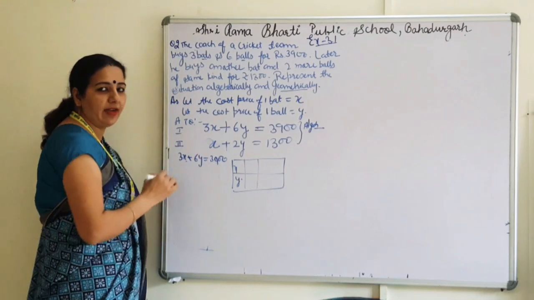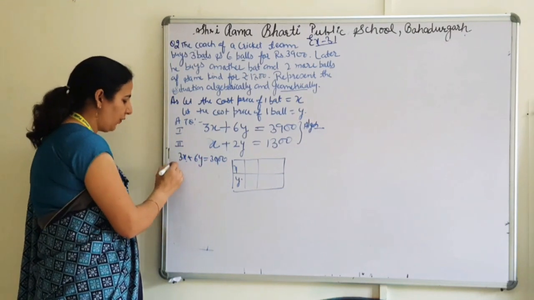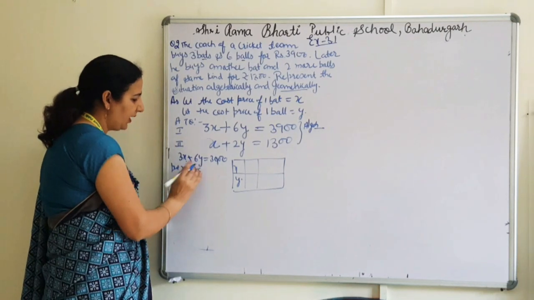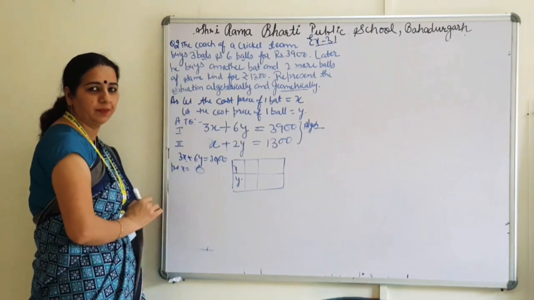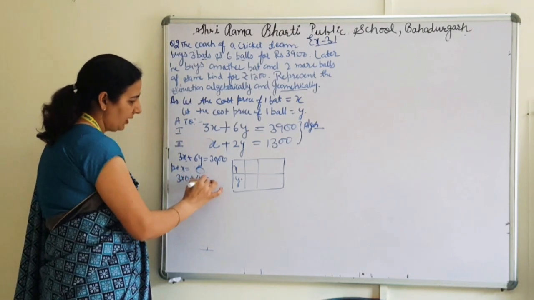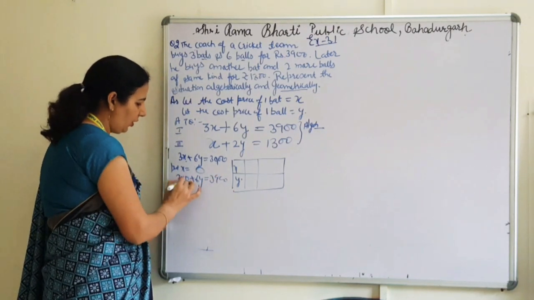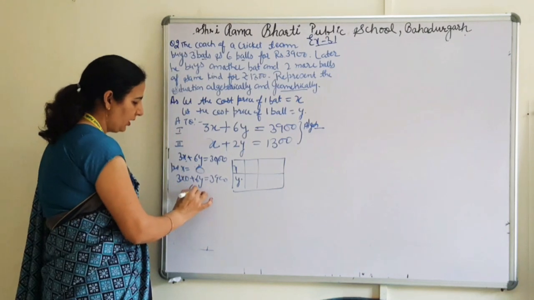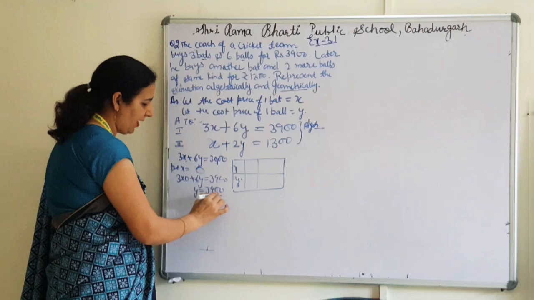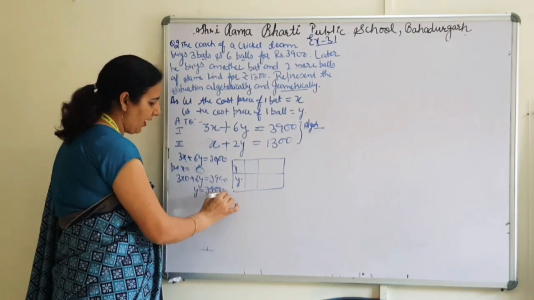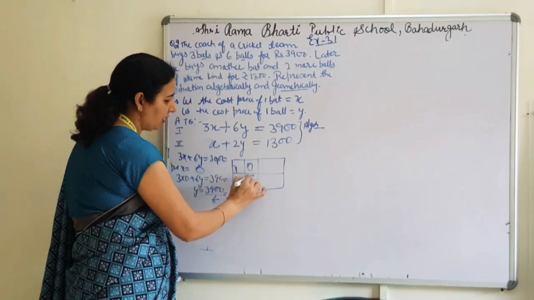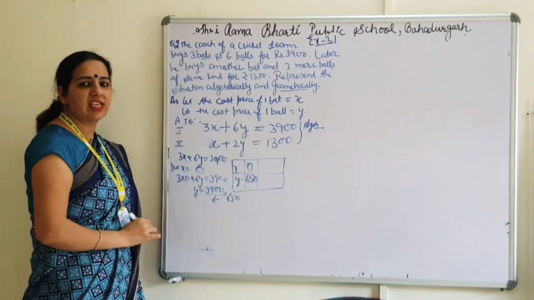As the values are very large, like 3900, what I will do is put x is equal to 0. So when I put x is equal to 0, then 0 into 3 is 0. So 6y is equal to 3900. It means we can divide it by 6. When you divide it by 6, it will turn to 650. So when x is 0, y is equal to 650.